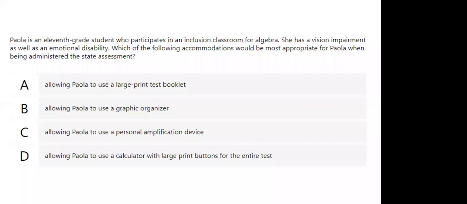Remember, accommodations are still allowing materials to be on the grade level for that student. It's not remedial work. So which of the following accommodations would be most appropriate for Paola?